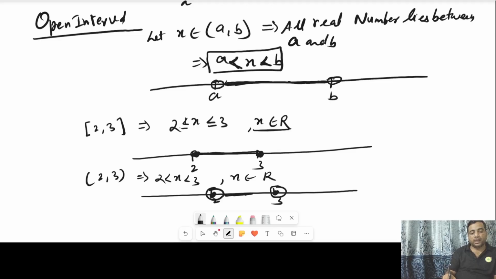So all the numbers lying between 2 and 3, meaning x starts just beyond 2 and ends just before 3. So this is the representation on the number line.